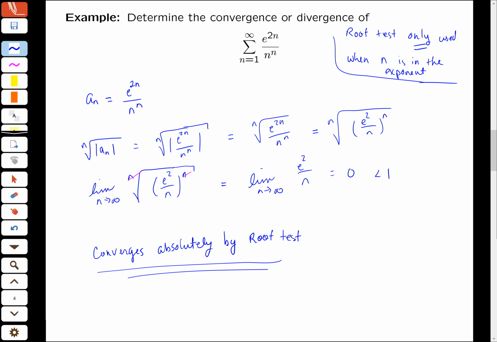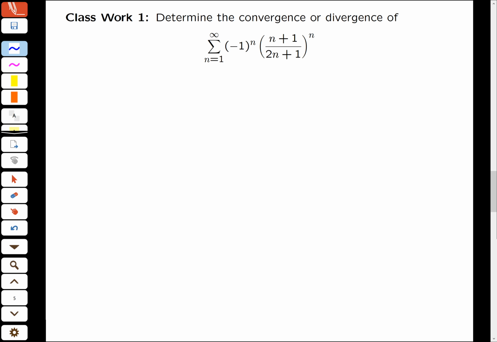Any other questions on that? Okay, let's do another example. Oh, let's let you do an example and then I'll do another one. Notice yours has a negative sign in it. When you take the absolute value, that thing goes away, so you don't even have to worry about it. But I'm asking you to check for convergence or divergence. If it converges, tell me if it converges absolutely or conditionally.